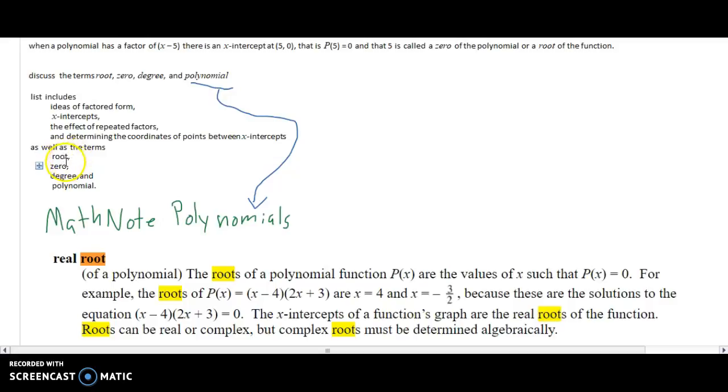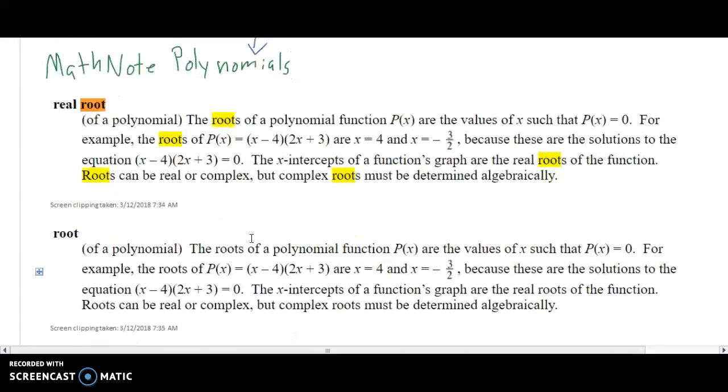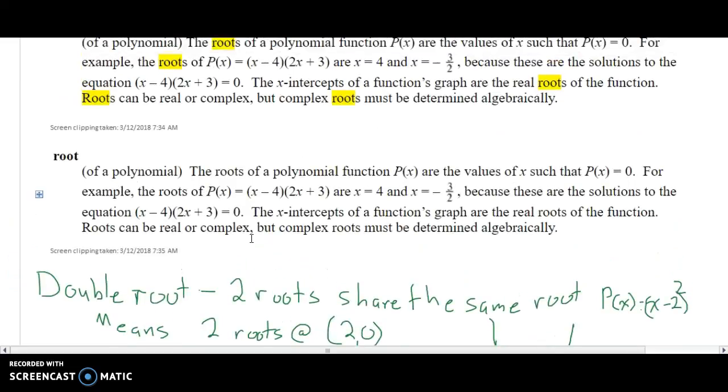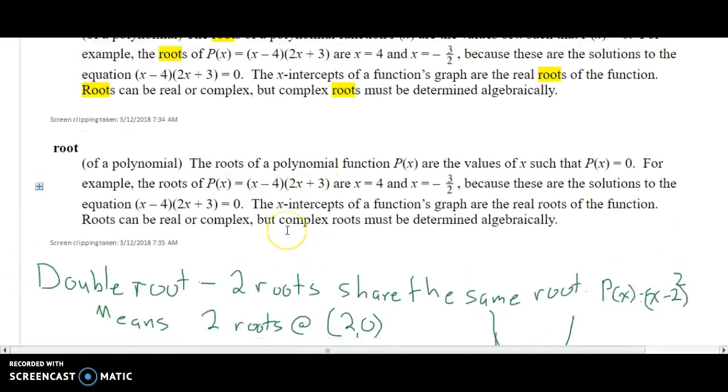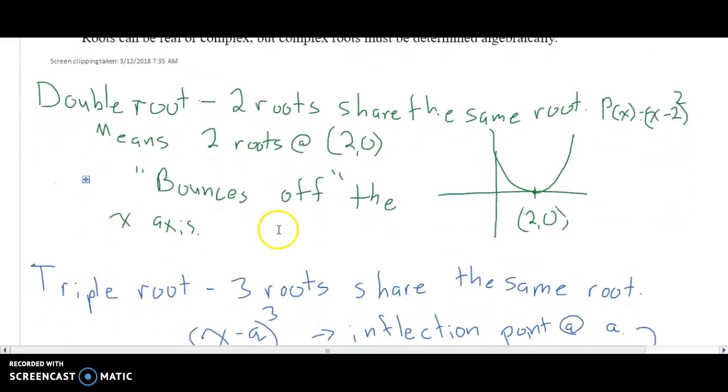And also keep in mind the definitions of root, a 0, degree, and polynomial. All of these words should be found in the glossary if you need to reference them. Right, so real root, as I mentioned earlier, is when it crosses the x-axis. And root is just when your equation is equal to 0. You can have complex roots, though, that do not cross the x-axis.